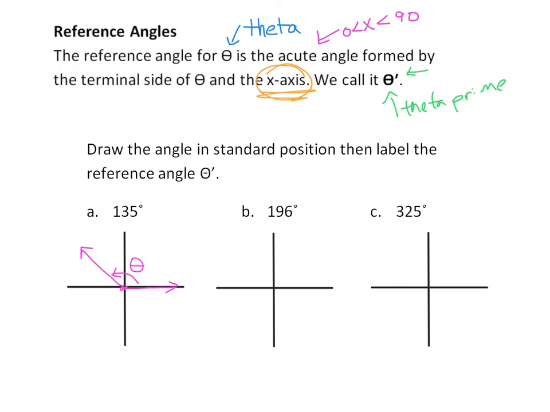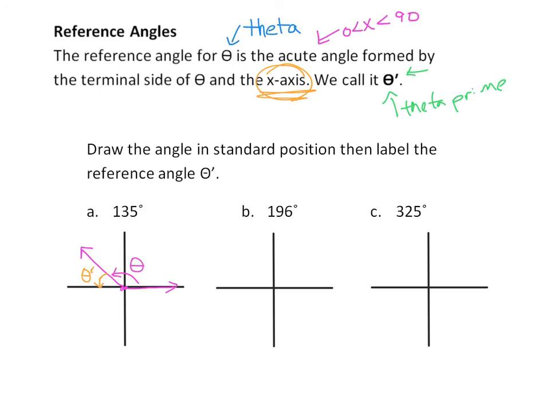So theta prime is the angle that is created by the terminal side of our original angle theta, so not the initial side, but the terminal side, and the x-axis. Here's the x-axis. So wherever the closest part of the x-axis is, that will help create this new angle, theta prime. So this right here is theta prime.